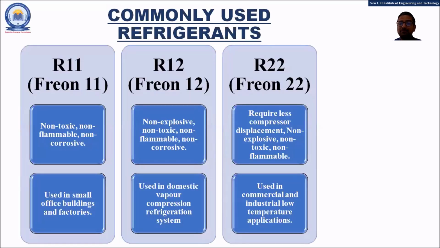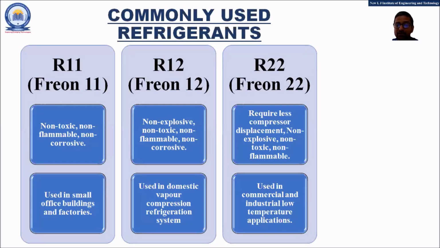Next type of refrigerants is R11. R11 is the technical nomenclature, the name or number of a specified refrigerant. R11 is also known as Freon 11. It is non-toxic, non-flammable and non-corrosive.